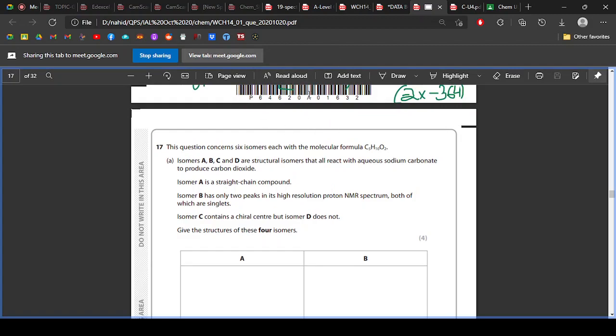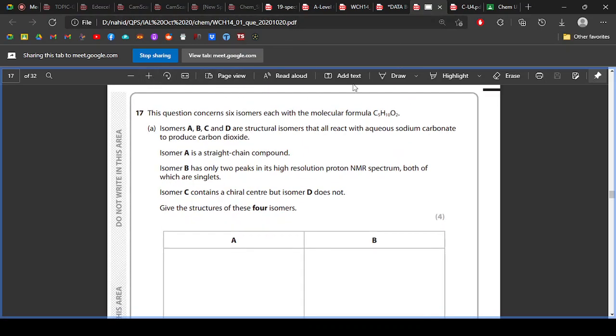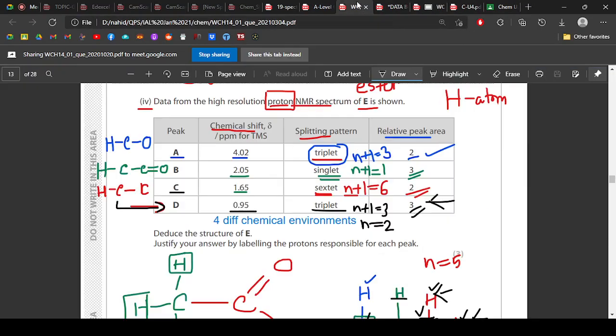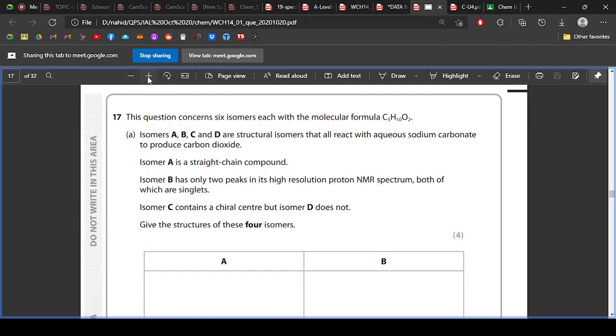This is from, I think, some paper from 2021 or October 2020 maybe. So this is also related to organic chemistry. Read the question. I'll give you some time.